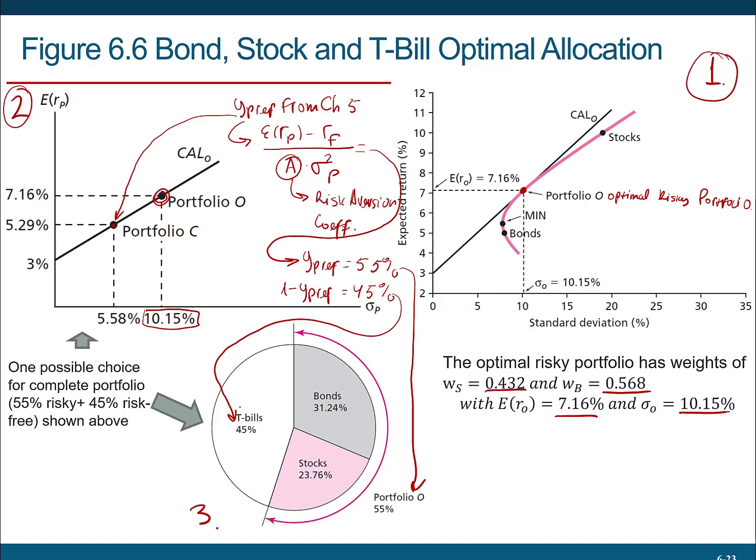So does your client want to be fully invested 100% into a risky portfolio? Probably not, because he is not okay with 10% standard deviation per year for the portfolio. That's too much for him. But if you remember the rule from chapter 5 about plus minus 1 sigma, with a normal distribution you know that 67% of the time, the return on your portfolio will be between what?